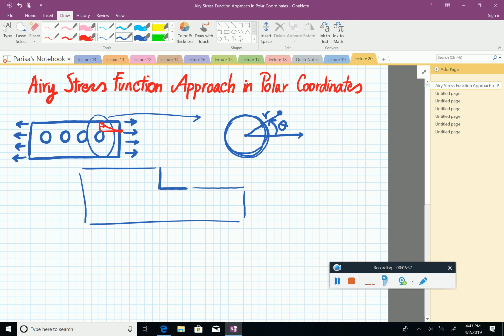And that corner, again, leads to a stress concentration. That corner is where you want to focus, and you want to analyze the state of stress, strain, and displacement there. And again, if you zoom in to that corner, what you see is something like that, and you will see that it's easier to analyze that again in polar coordinates.